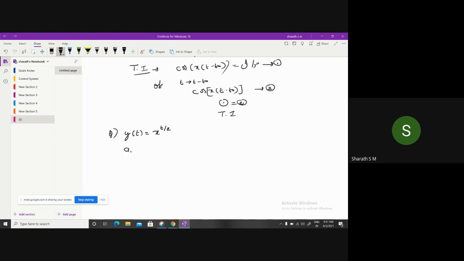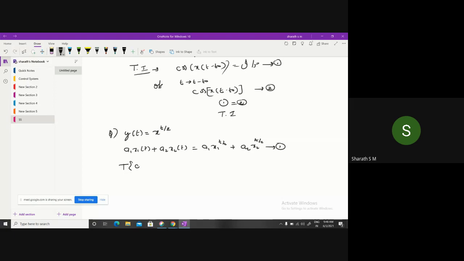The general equation is a1 x1 of t plus a2 x2 of t. This can be written as a1 x1 power t by 2 plus a2 x2 power t by 2. Call it equation 1.